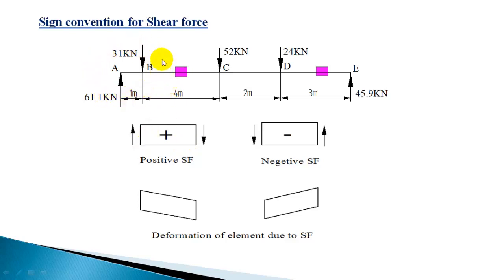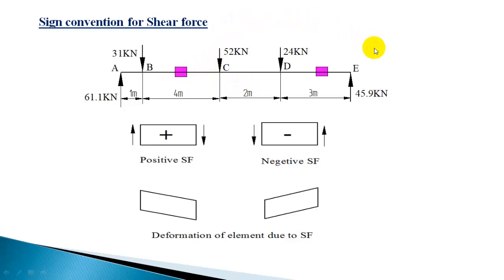Now these forces are producing a shear force, and we know the shear force is 61.1 minus 31, so that will give 30.1. Shear force is upward. So this summation is 30.1 upward. So you are getting an upward force here on the left side of this element.